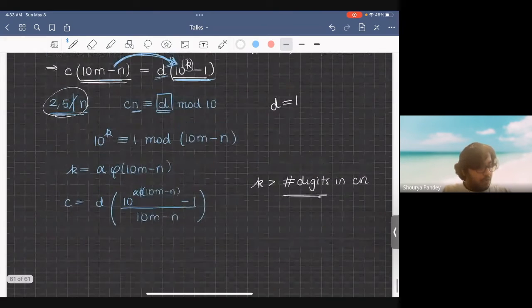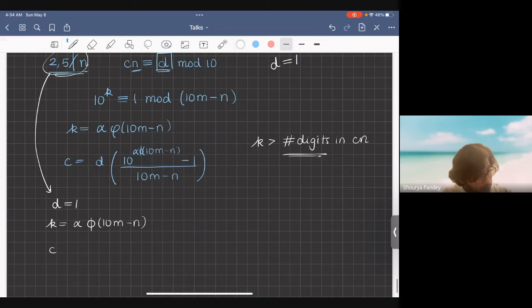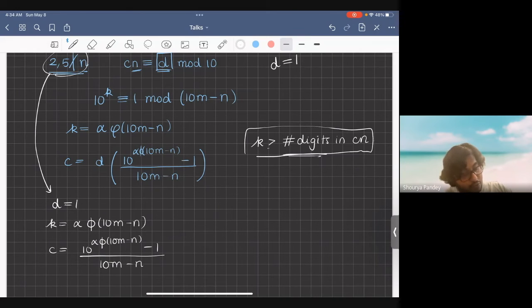So in this case, d equals 1, k equals some alpha times phi of 10m minus n, and c equals 10 to the alpha times phi of 10m minus n, minus 1, upon 10m minus n, works. If we prove that this is true, we still need to prove the other claim.